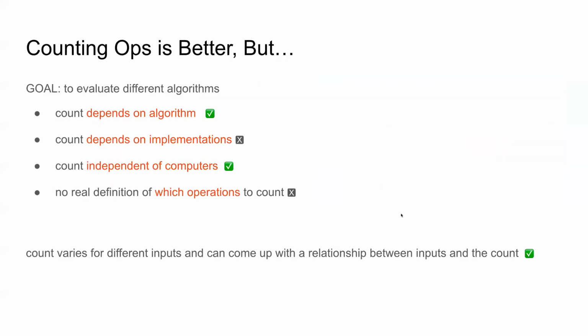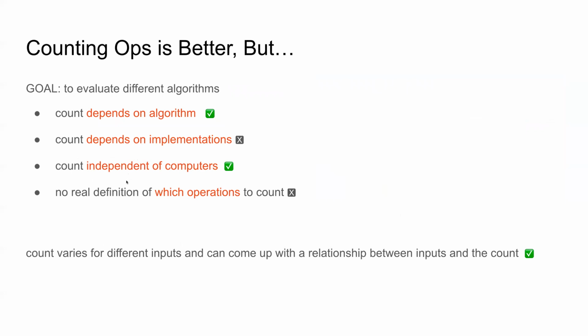Will that be good? Well, the count depends on the algorithm, of course. It can compare algorithms. It's independent of computers, because it's now hypothetical, running in your head instead of on computers. But it also still depends on implementations, right?